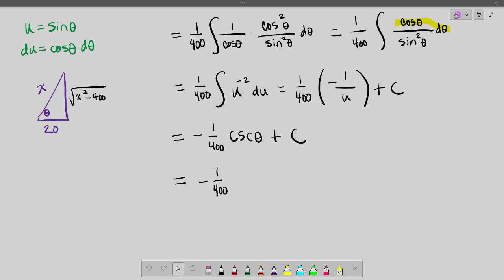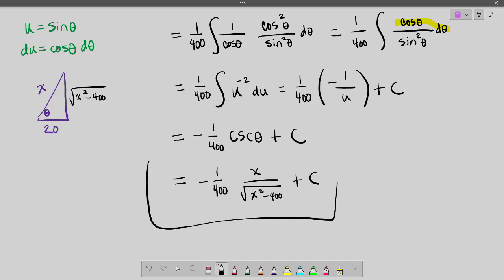Okay, so any questions on any of the steps there? No simplification that we can do here, so that is our antiderivative.